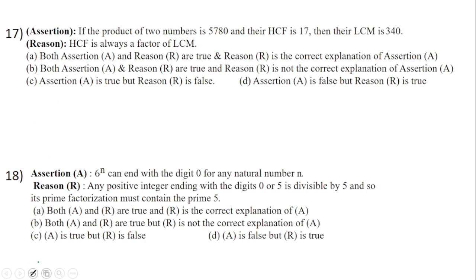Okay, we will cross check both. See, the product of two numbers is given. We know that the product of two numbers is equal to LCM into HCF. Am I right?